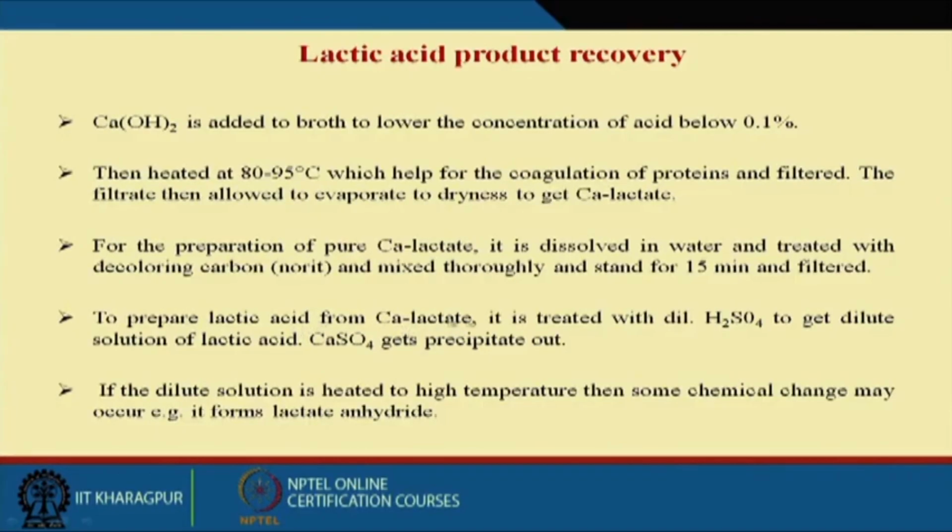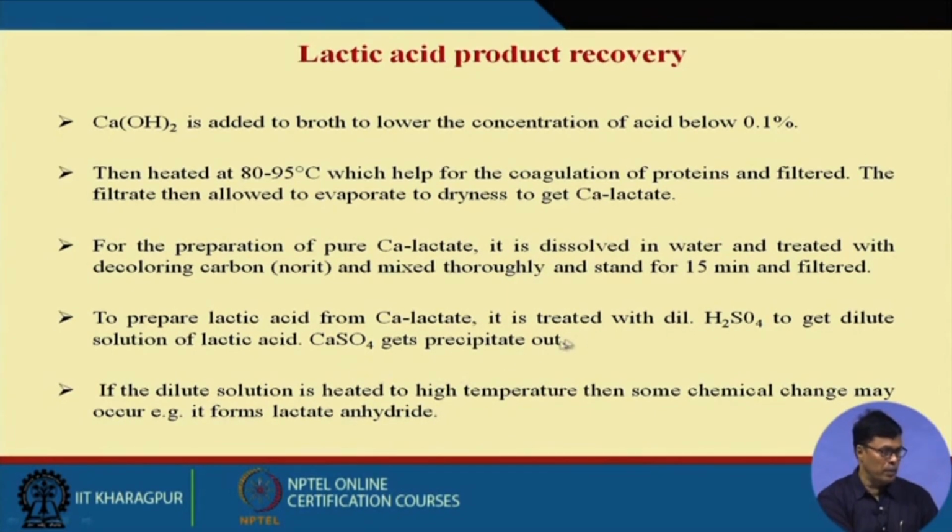Activated carbon, I mentioned before also, has a bleaching property. So, if you use it, the color can be removed. Then we treat the calcium lactate with H2SO4 to get a solution of lactic acid, and calcium sulphate gets precipitated out.